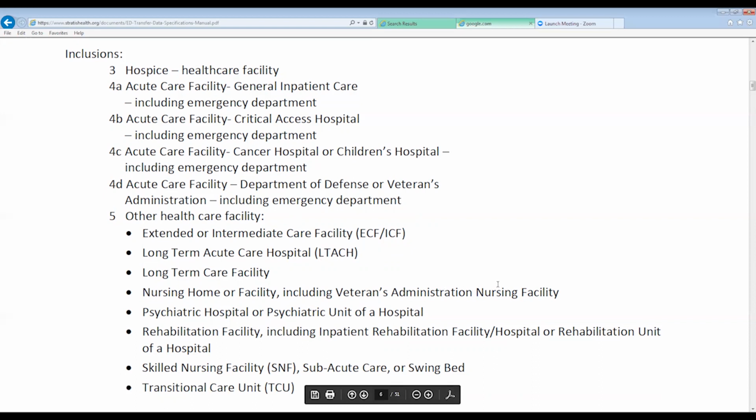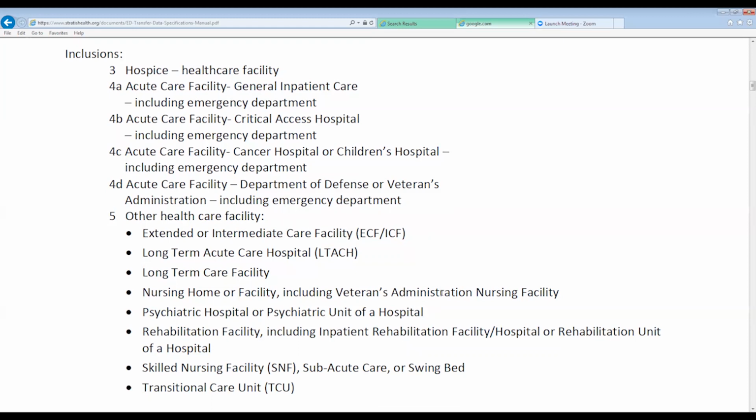If it's a VA nursing home, a psych hospital or psych unit of a hospital, a rehab facility or a rehab unit in a hospital, a swing bed, a transitional care unit, all of these facilities fit under the heading of other healthcare facility, and they should be included in the population.